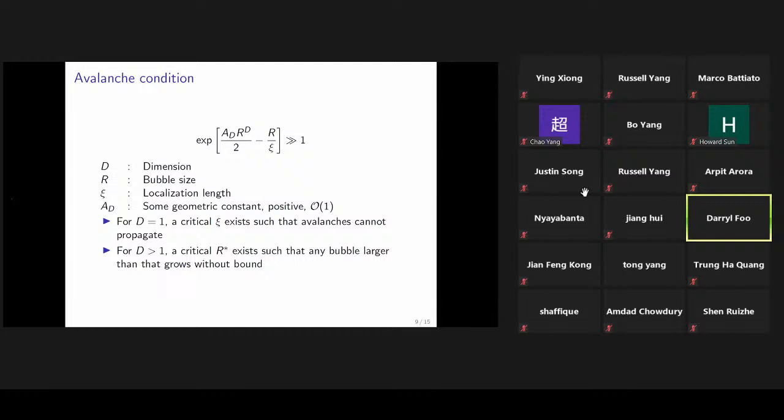From this condition, we see that for D equals 1, D equals 1 is critical, and there exists a critical localization length such that avalanches do not propagate at all. If c is sufficiently small, we get that this exponential is purely decreasing for increasing R, and this bubble cannot propagate. For any dimension greater than 1, instead, a critical R star exists such that any bubble larger than R star grows without bound.